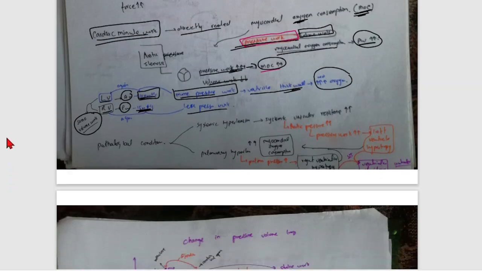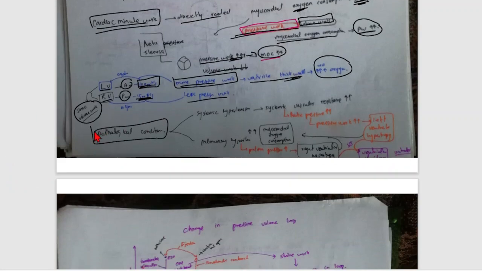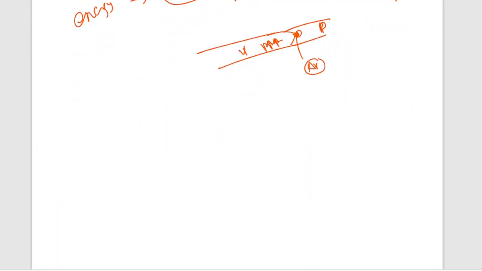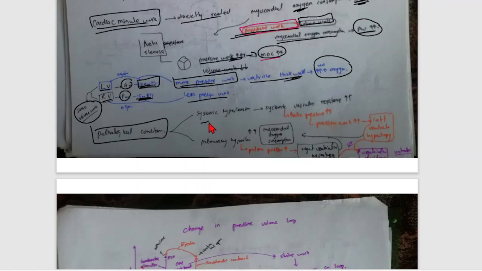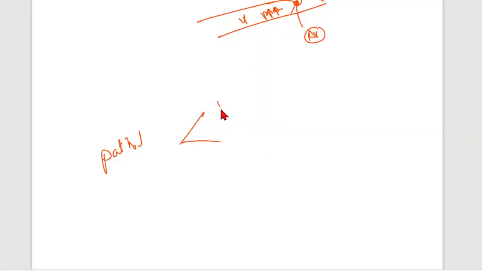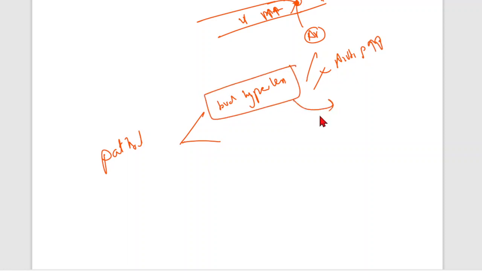Now come to the pathological condition. For example, if there is systemic hypertension, the aortic pressure becomes very high. If the aortic pressure is so high, what will happen?